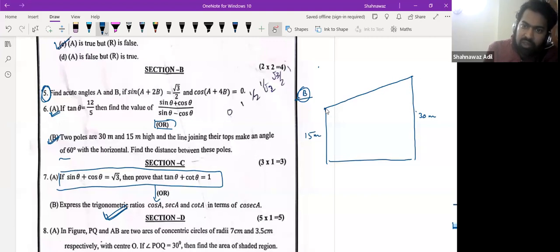So you have to find the distance AB. Let's say this is C, D and this is E.